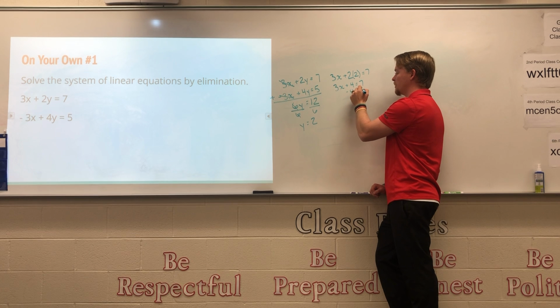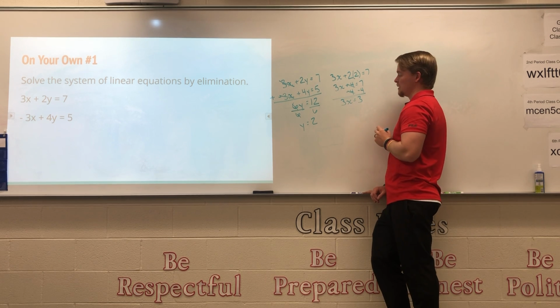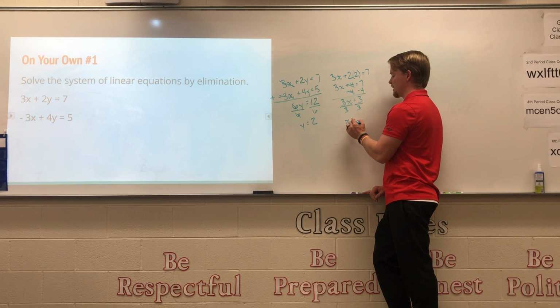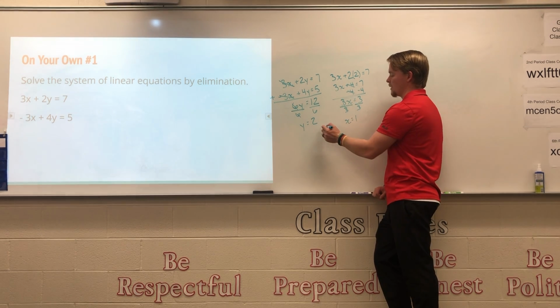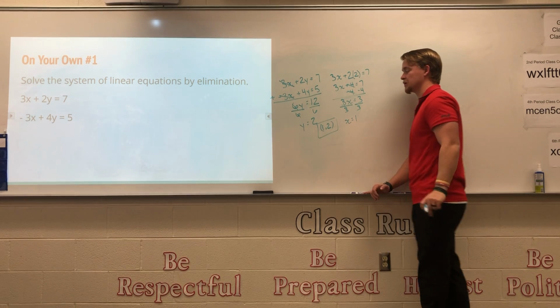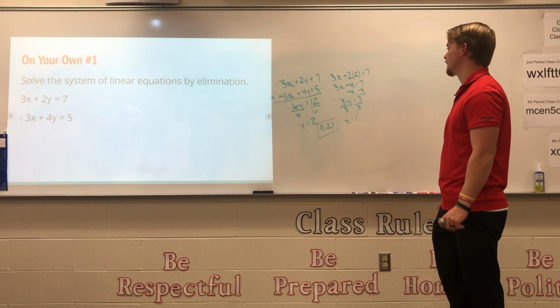Minus 4 on both sides. 3x equals 3. Last step, 3 and x are being multiplied together, so the opposite will be divide by 3. So x will equal 1. So your ordered pair for this system would be 1, 2. That is your answer for that.